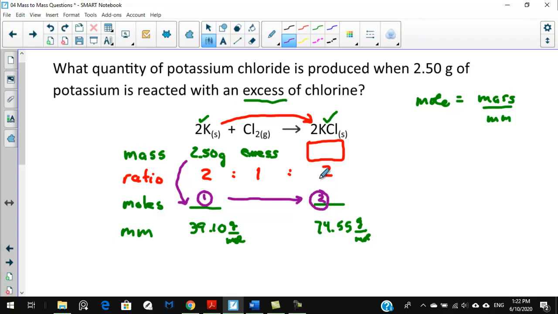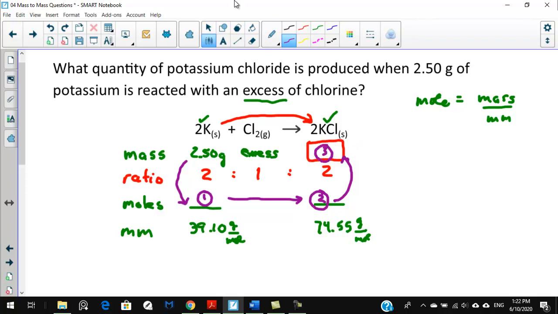The only reason we can go from here to here is that now we're in moles, we're in numbers of particles, and that's what the ratio tells us. It tells us the number of particles that would be in each spot. And then once you know the number of particles, moles, and you know the molar mass, you can convert this back into mass in a third equation. And so we can solve our problem, and that'll be our third step.